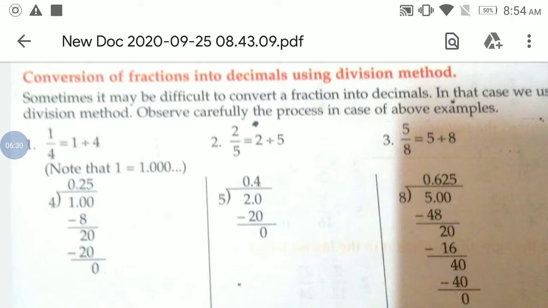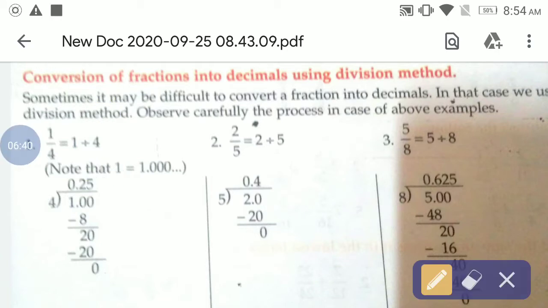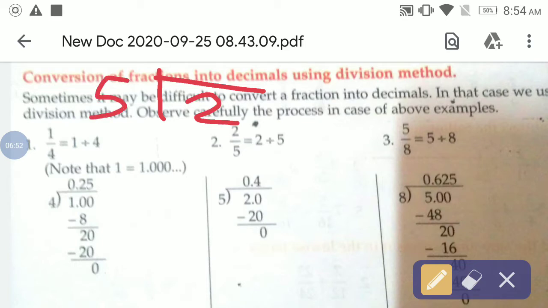Now next is 2 upon 5. So what we have to do? We have to divide it. 2 upon 5, it means again your numerator is your dividend and your denominator is your divisor.